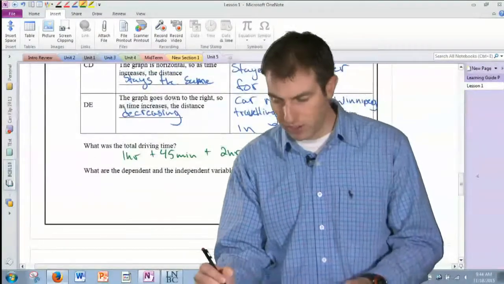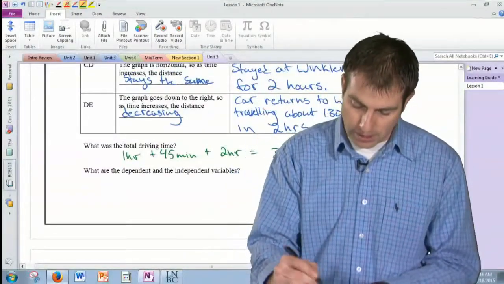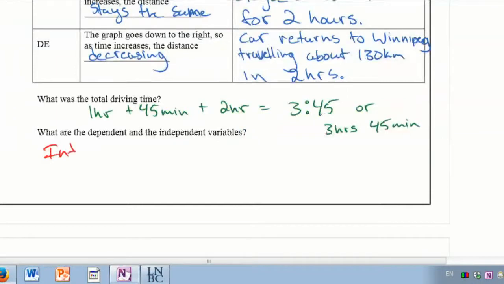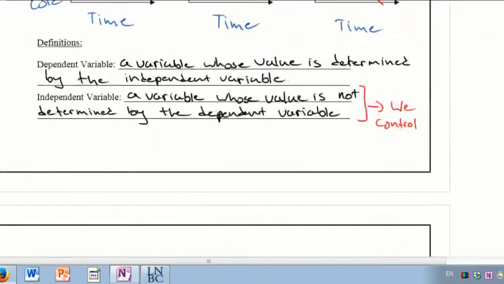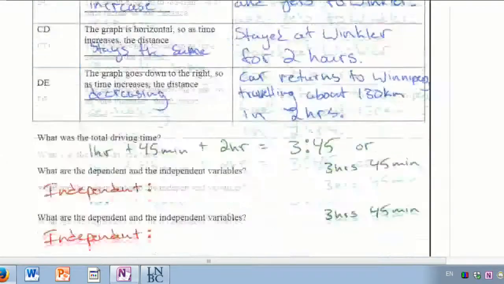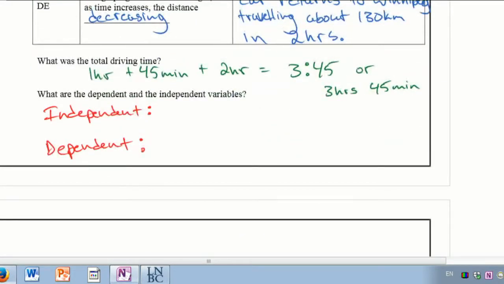So dependent, independent variable, I told you we'd come up with this eventually. So let's start with the independent. And then we have the dependent. The independent variable in this is what? When we look back at my definitions, I guess the definitions don't really help us here. The independent variable is time. And in this case, it's in hours.